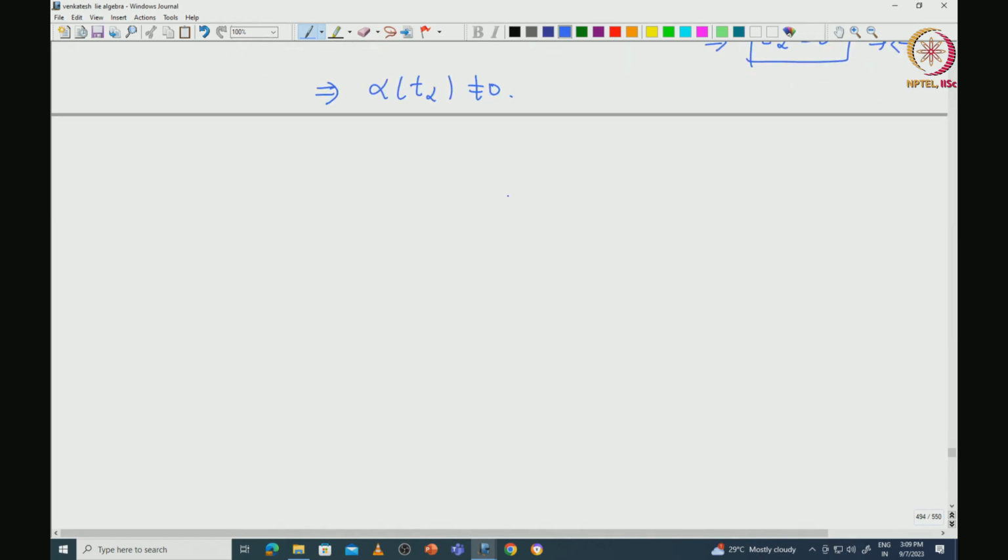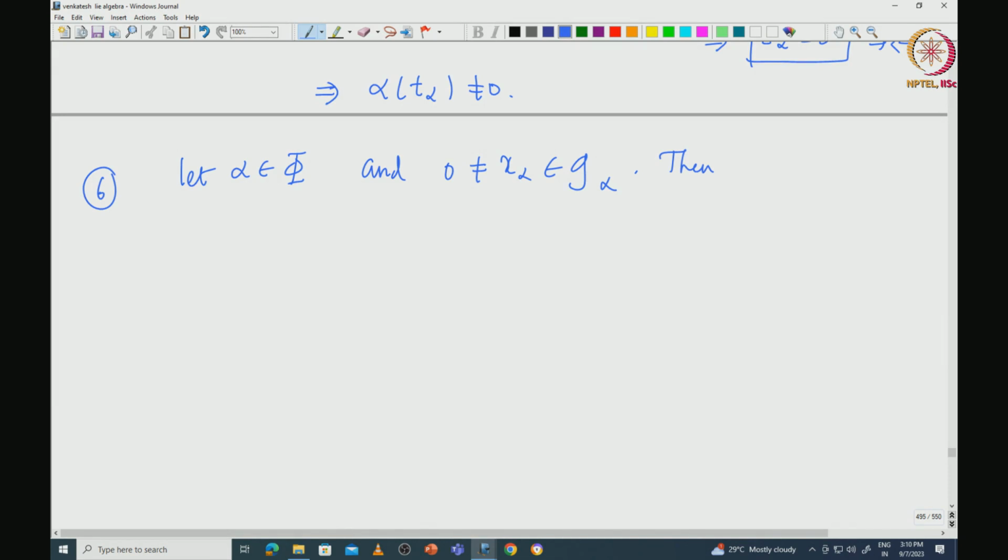So, now let us use this to establish this SL2 triple. For that, let us fix alpha in Phi. Then we also fix some non-zero element x alpha inside g alpha. Then we can choose y alpha inside g minus alpha, such that the bracket [x alpha, y alpha] is non-zero.